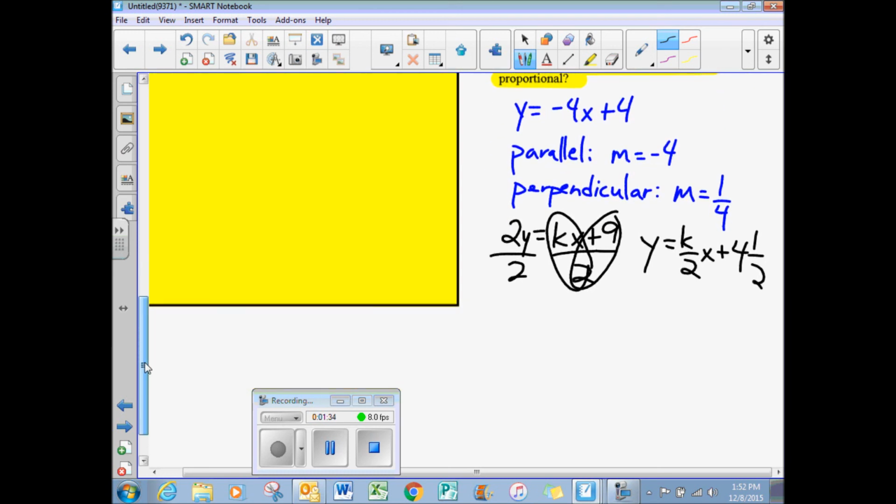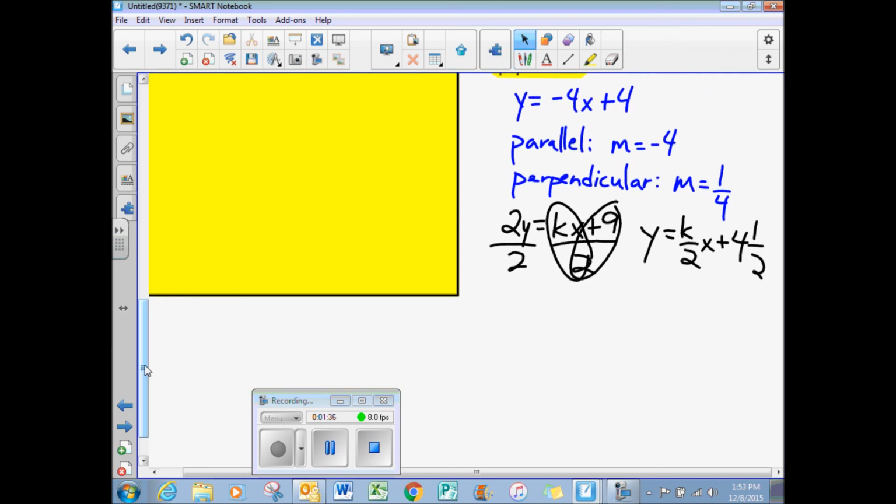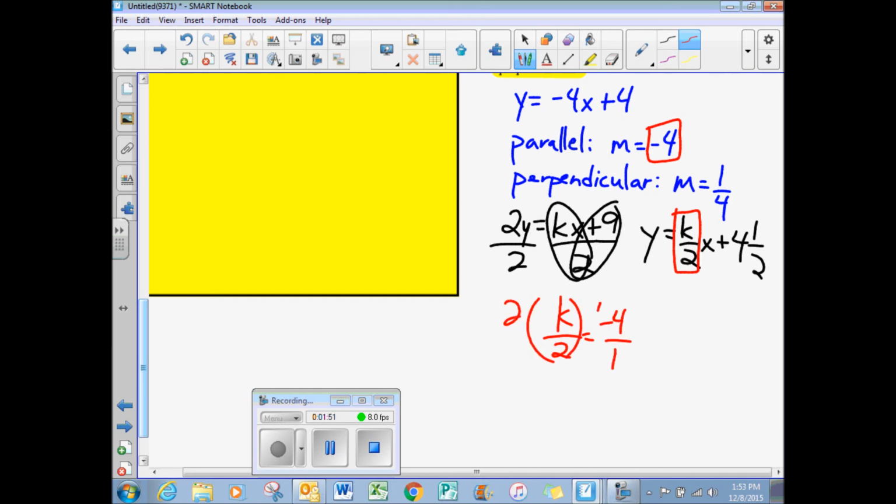This isn't so bad now, because I know that k over 2, my slope, has to be negative 4 if it's parallel. So k over 2 is negative 4, and I multiply both sides by 2 to get k equals negative 8. So in order for these to be parallel, k must be negative 8.